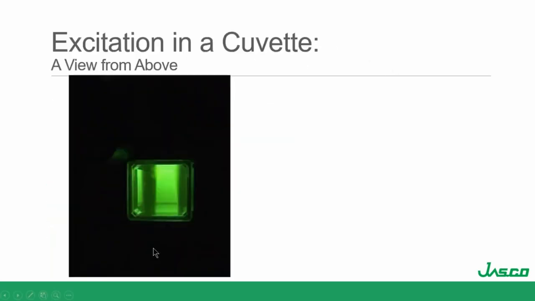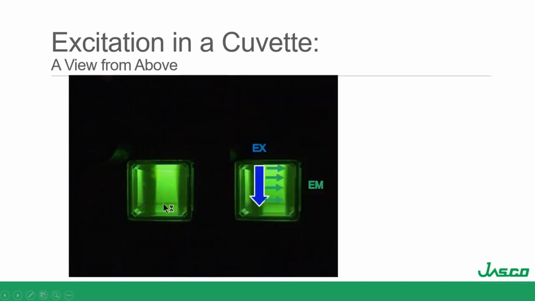Let's take a real visual look at these interfiltering effects. So standard cuvette, we're looking at it from the top. You can actually see the band of fluorescence going across here, right? So excitation's coming in from this direction, and we excite across the whole width of the cuvette.